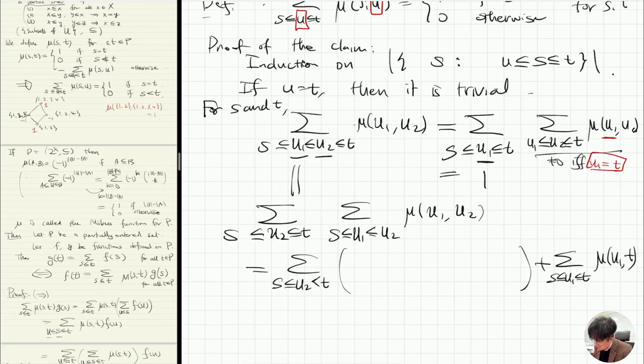So these are the cases for when U2 is not equal to T, and this is the sum.